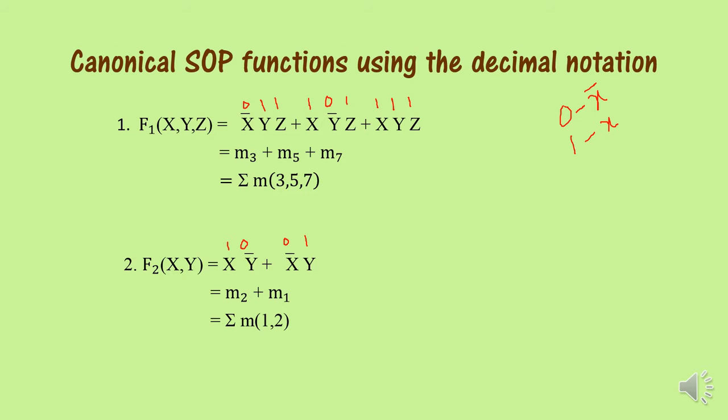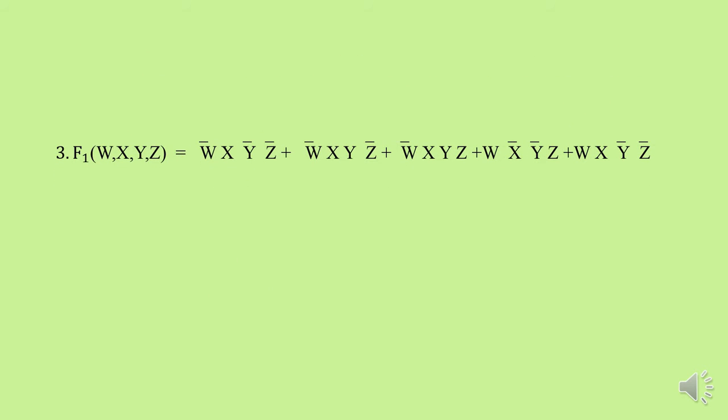Right? Next, number 3 example, that is f1 function of w, x, y, z equal to the function w bar x y bar z bar plus w bar x y z bar plus w bar x y z plus w x bar y bar z plus w x y bar z bar.